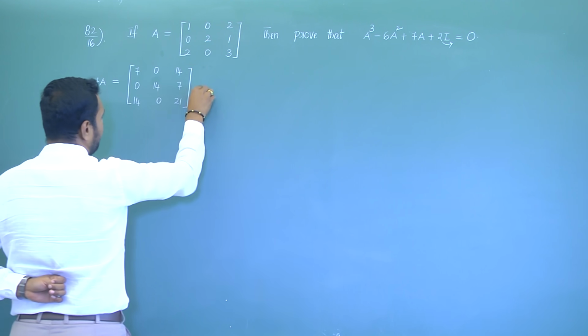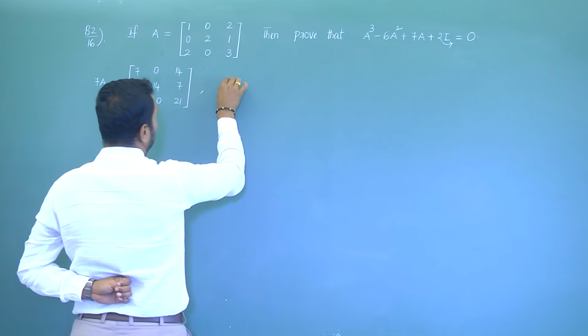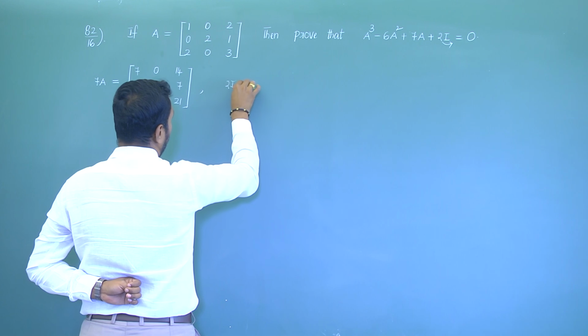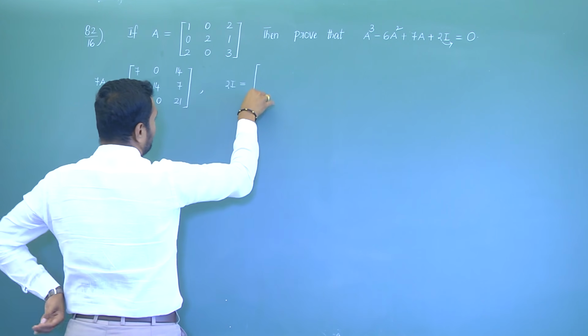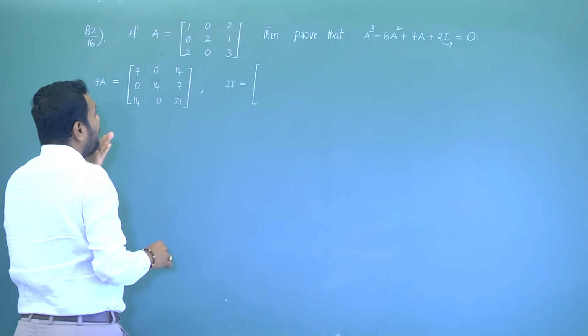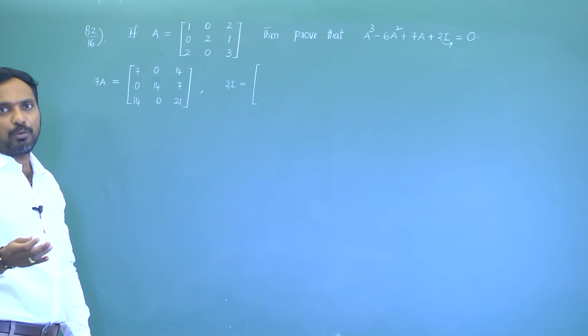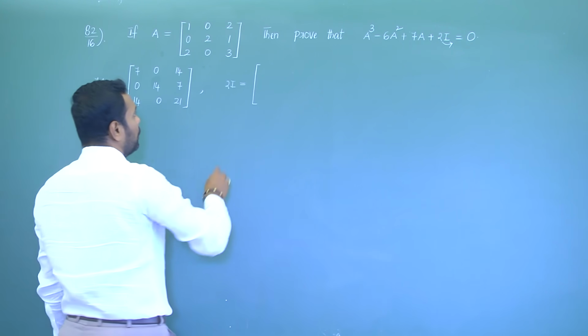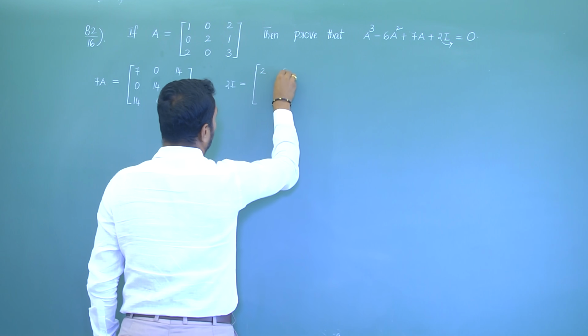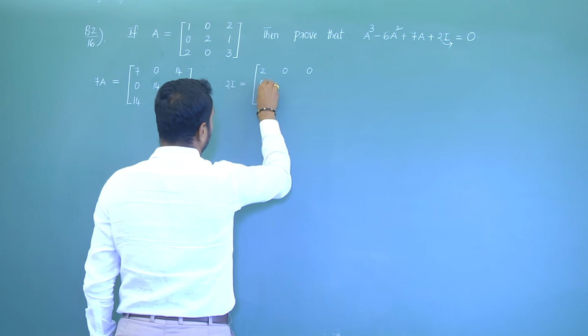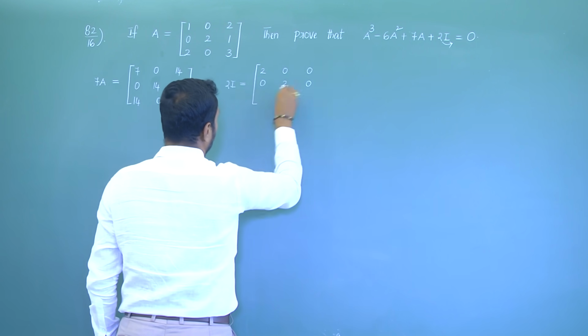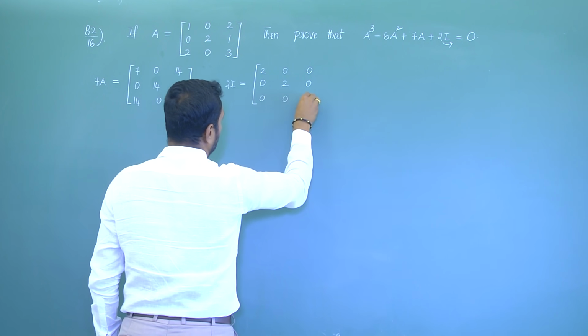That is 7A. And next 2I equals, directly, I you know is 1 0 0, 0 1 0, 0 0 1, so 2I becomes 2 0 0, 0 2 0, 0 0 2.